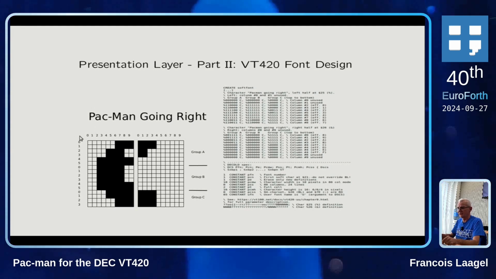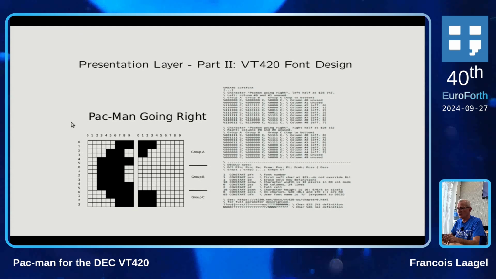This has to be specified via this protocol here, DEC download. It is specified as a sequence of sixels. A sixel is a group of 6 bits. See group A here, vertical.